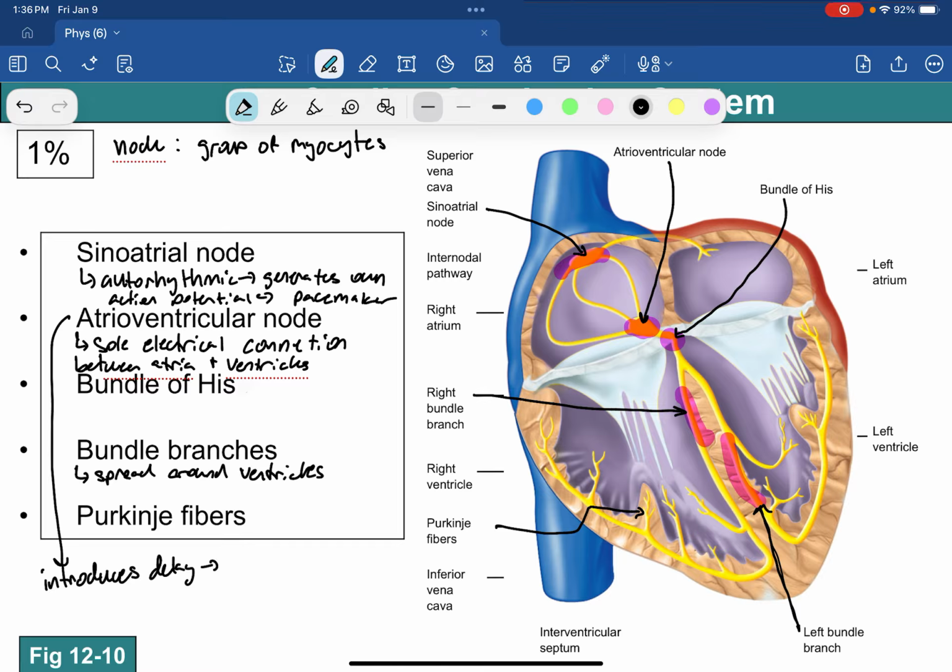That delay ensures that the atria fully contract and empty the blood into the ventricles before the ventricles start contracting. So ensure all blood is in ventricles before the contraction. This ultimately prevents backflow and optimizes cardiac efficiency.